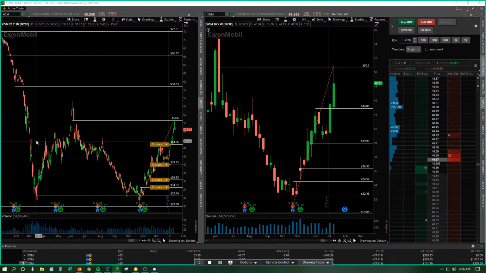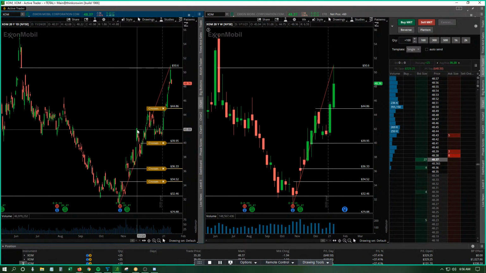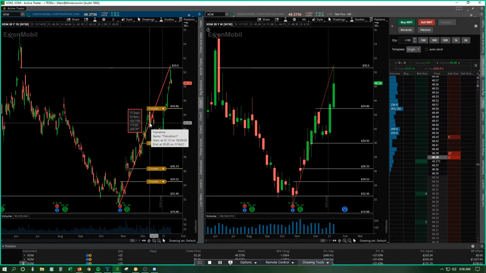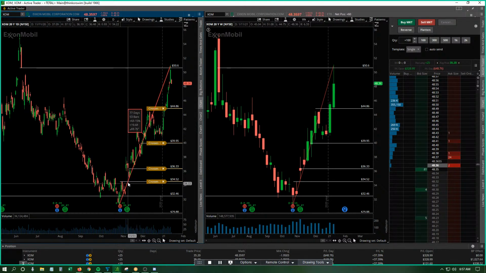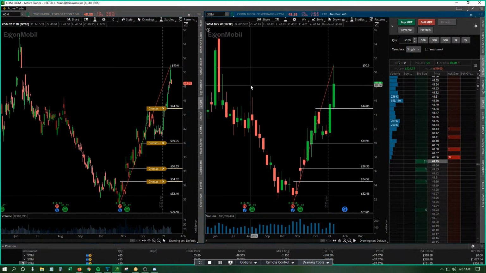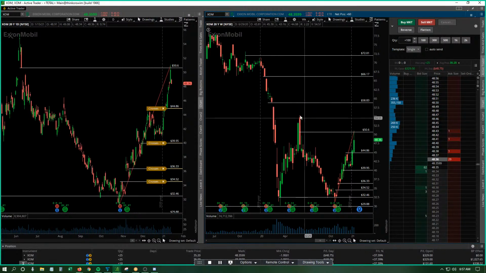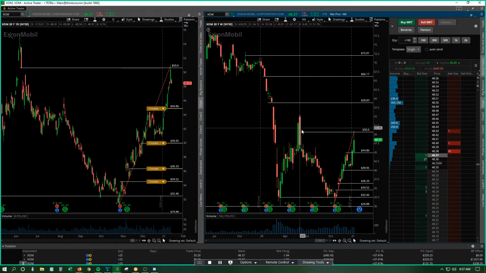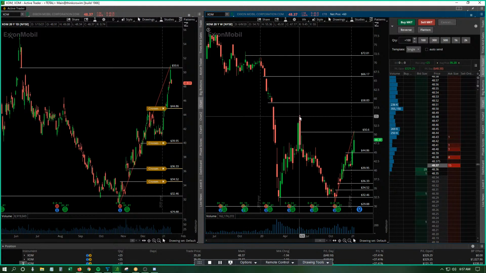Exxon has been a nice trade for us. Up quite a bit on that in terms of percentage, about 37%. Our price, I think, is 35.50. Yeah, 35.25. Filled its gap yesterday from its swing high. Right in here, 50-ish, 55.